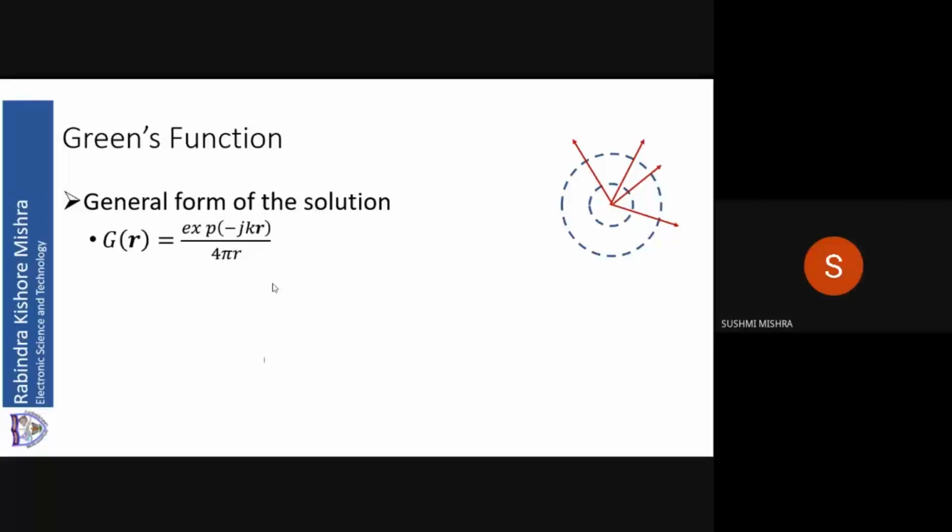You know that when phase is constant on a wavefront, we call that the nature of the wave. So in this case, the nature will be spherical because the constant phase is over a surface which is a sphere, right?